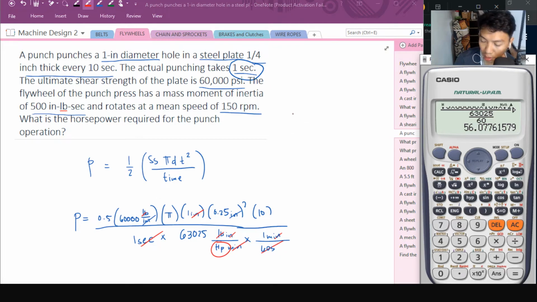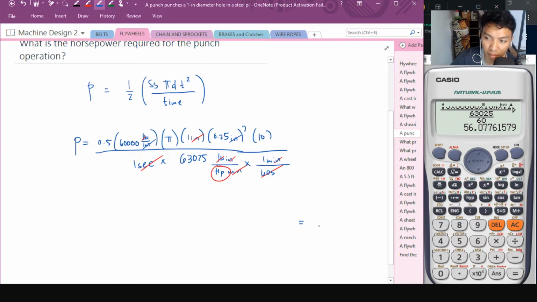Steel plate, 1/4. 0.5, okay, 63025, 60, ayan, 56. Nag-multiply ba ako ng 10 dyan? Okay, nandun na pala. 56.08.